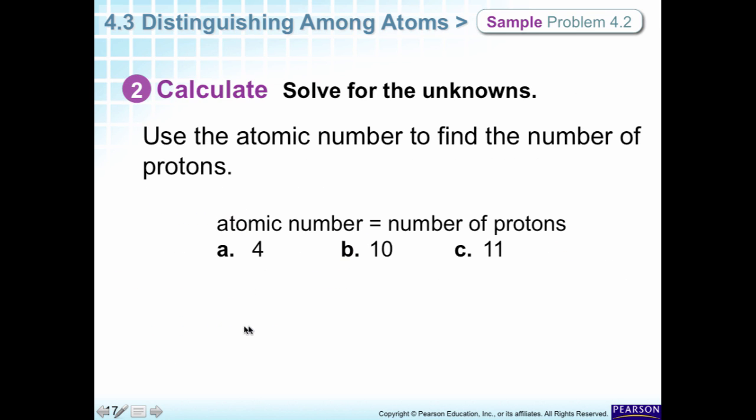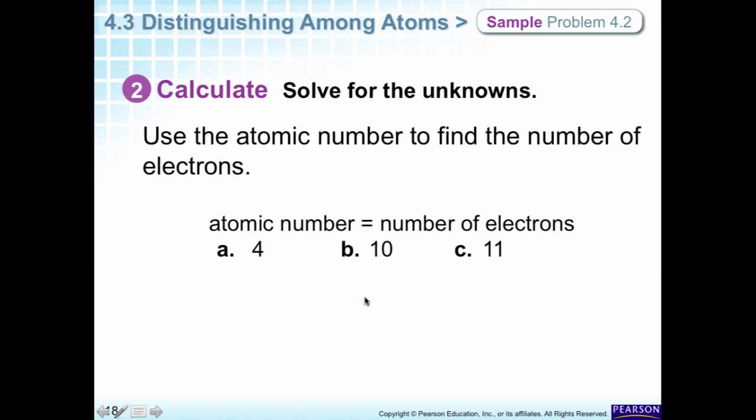So let's continue on. So our atomic number, as I said, for the first one was 4, the second one was 10, and the third one was 11. That will tell us the number of protons because of definition. It will also tell us what?